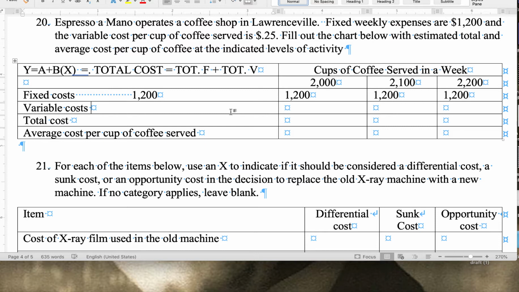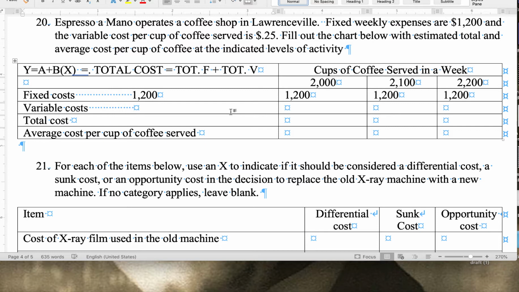Or we'll say they're espressos, okay? The more espressos we serve, the more espresso beans we're going to have to use. Even though we may pay 25 cents per shot of espresso, in total, as the activity increases, that value is going to go up. Okay, so here, this is where our B of X comes in, right?